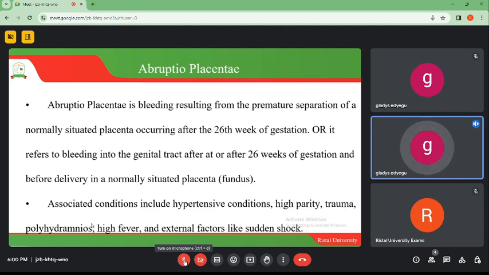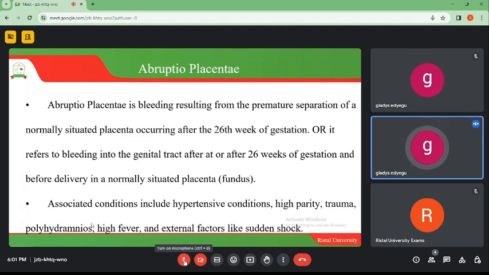Abruptio placentae is bleeding resulting from the premature separation of a normally situated placenta occurring after the 26th week of gestation, or it refers to bleeding into the genital tract after 26 weeks of gestation and before delivery in a normally situated placenta, and fundus in brackets.